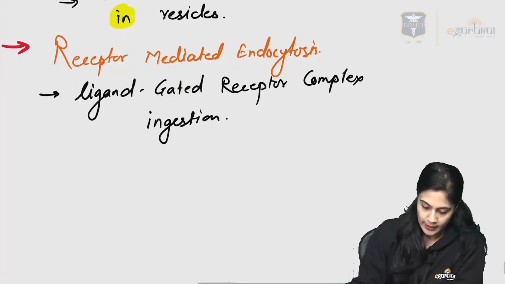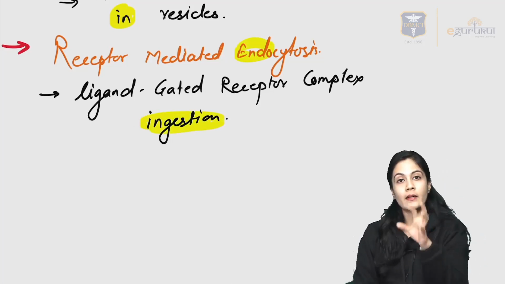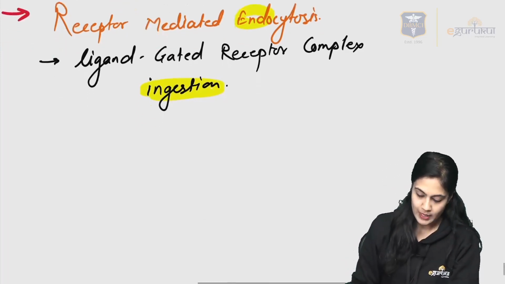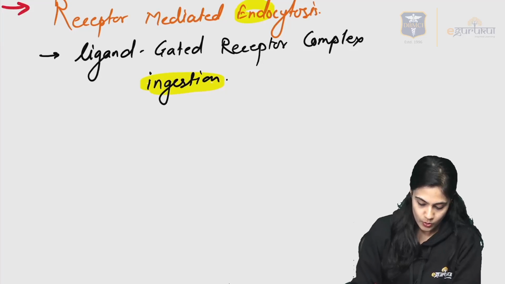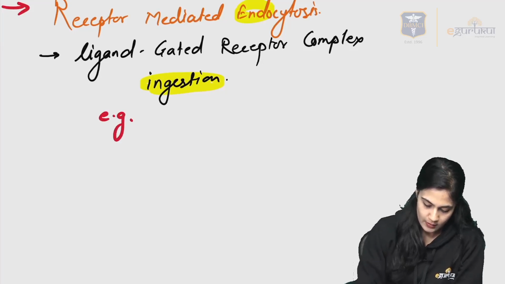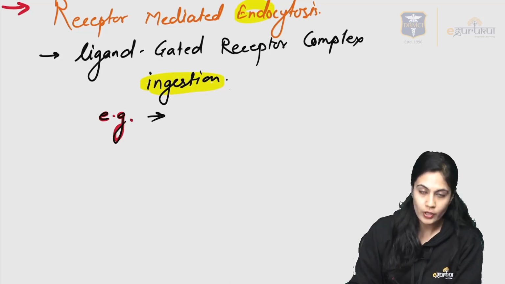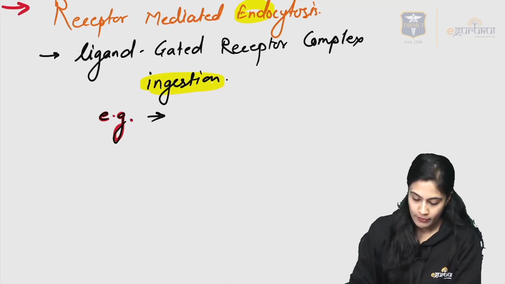So, receptor-mediated endocytosis is a form of endocytosis, so ingestion is there, right. Once the ligand-receptor complex is formed, it gets ingested inside the cell. What are the examples of this? Yes, very important, this is a potent viva question.